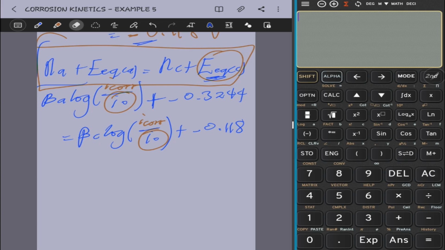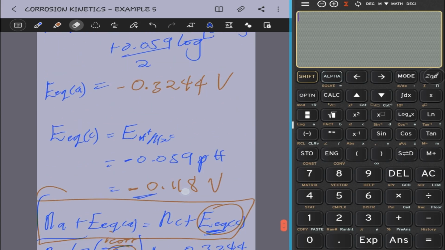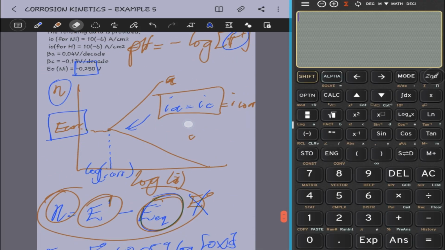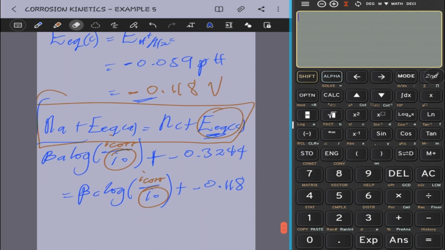So we have B_A, the Tafel constant of the anodic, given as 0.04. So now I'm punching it in, so now we are working on this.